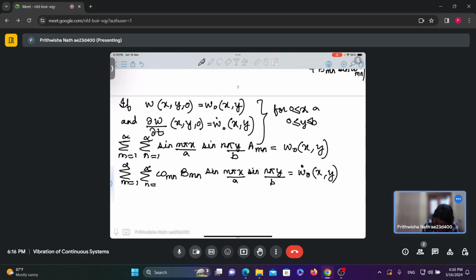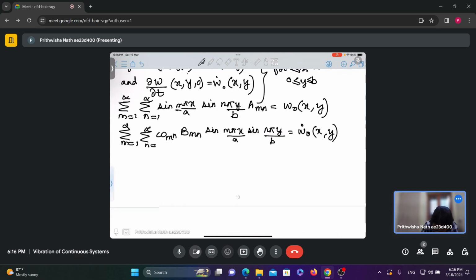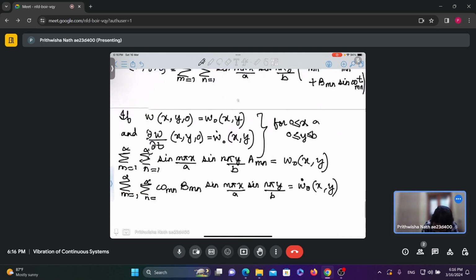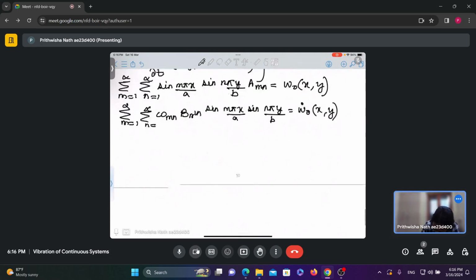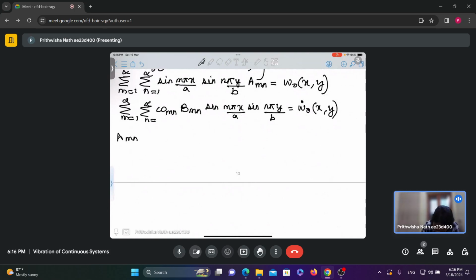Now how can I write amn? amn is given as 4 divided by ab, integral 0 to a, 0 to b, of w naught x comma y sine of m pi x by a into sine of n pi y by b dx dy.